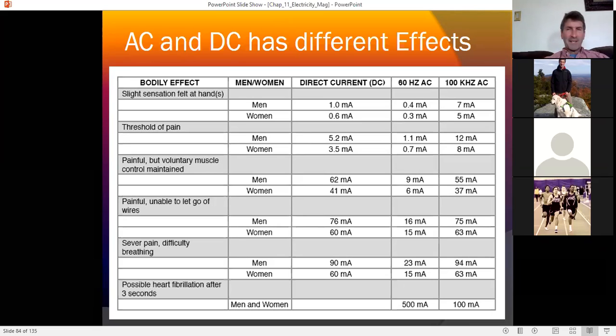This is a point that Edison actually brought up. He always said that AC was more dangerous than DC because AC had a lower threshold for causing pain and injury. Again, for direct current, you're not going to feel it until around 1 milliamp.